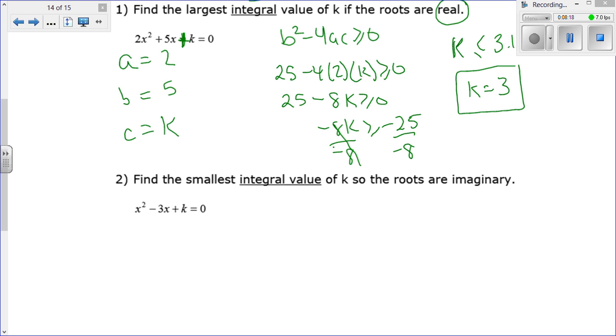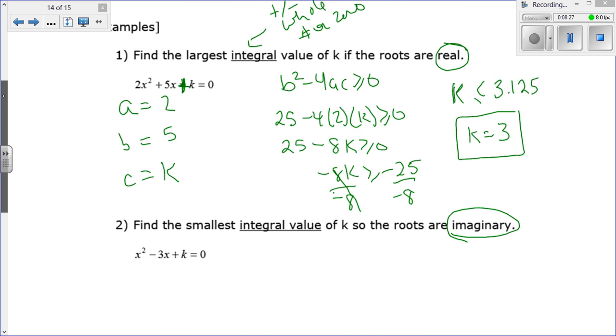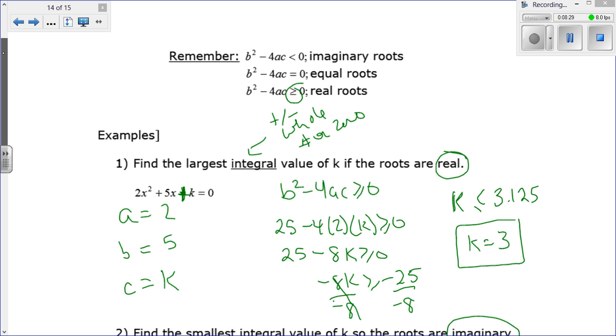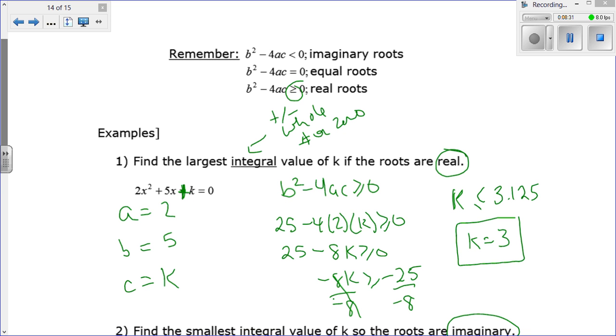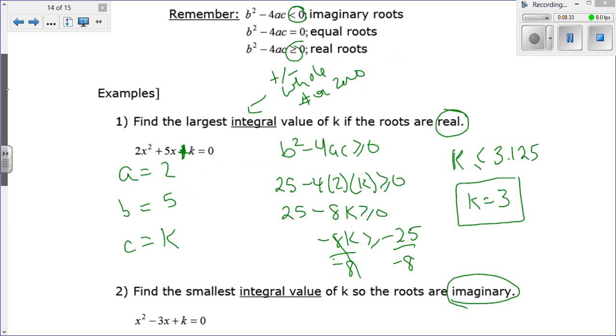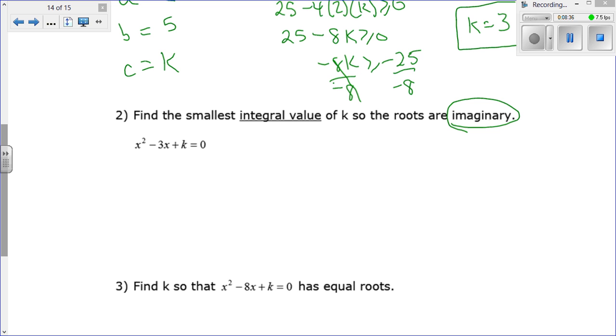Find the smallest integral value of k so that the roots are imaginary. When my roots are imaginary, I take my discriminant and I make it less than 0. So I'm going to do b squared minus 4ac less than 0.